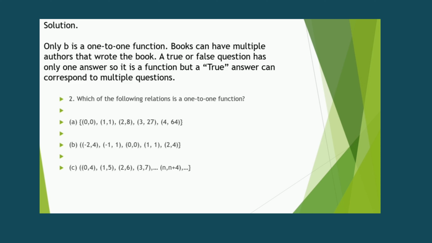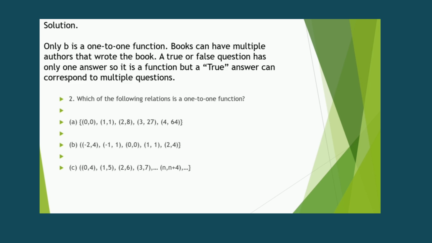Number 2. Which of the following relations is a one-to-one function? A. 0 and 0, 1 and 1, 2 and 8, 3 and 27, 4 and 64. B. -2 and 4, -1 and 1, 0 and 0, 1 and 1, 2 and 4.